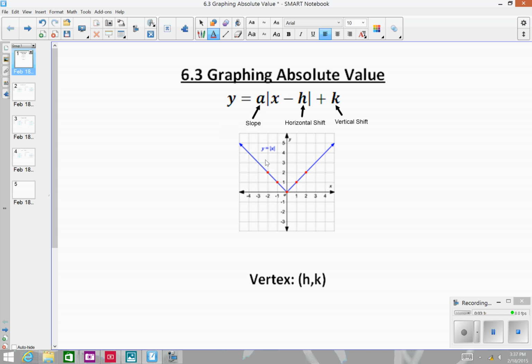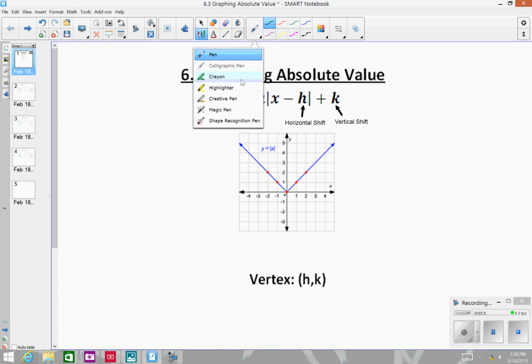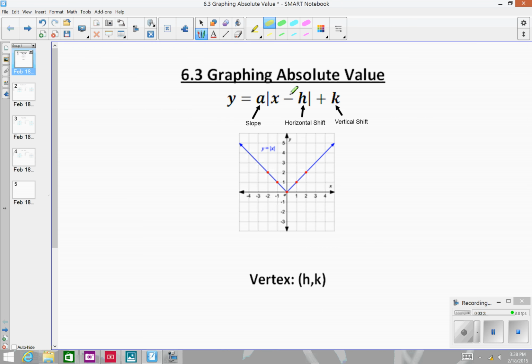Now, when we go ahead and graph these absolute value equations, we might not see an A, an H, or a K, and I'll go through and explain what those values might mean. But in any way, let's look at our H comma K. Let's go to our highlighter and look at H comma K. If we look at our H and our K, that is what our vertex is.